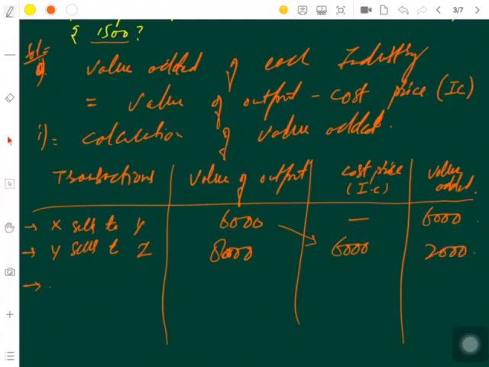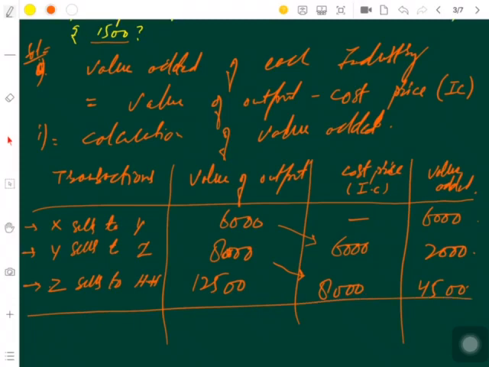Number third is Z sells to the household sector for 12,500. It is given in the question, and his intermediate consumption will be 8,000. So value of output minus intermediate consumption, that is 12,500 minus 8,000, will come equal to 4,500.